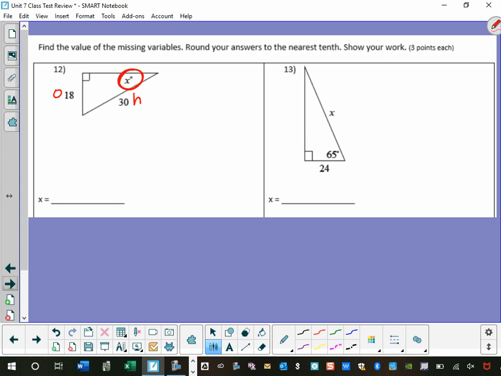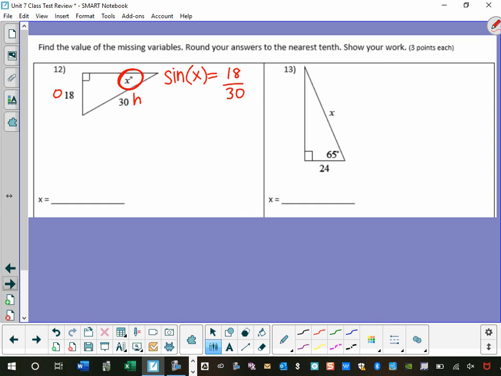Which trig function is for opposite and hypotenuse? OH. Sine. And we need sine of our angle, which is x, is equal to 18 over 30.